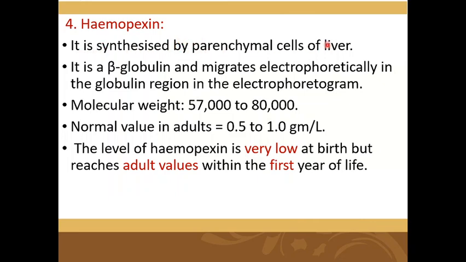It is synthesized by the parenchymal cells of the liver. It is a beta globulin and migrates on electrophoresis. Molecular weight is this to this. Normal value in adults is 0.5 to 1 gram per liter. Hemopexin is very low at birth but reaches adult value within the first year of life.